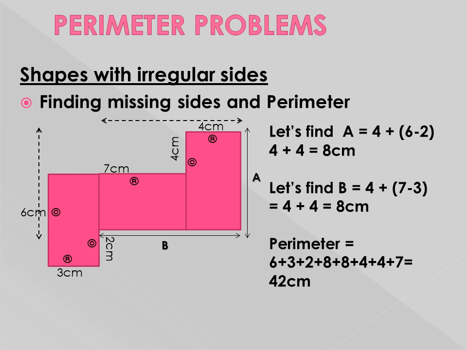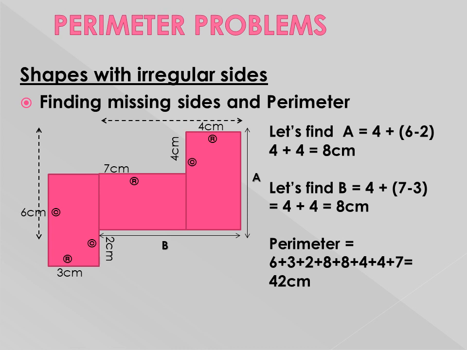Subtract 3 from 7 to know how much the middle one is. So 7 minus 3 is what? 4. So that means the remaining part of line B that we are looking for is also 4 centimeters. So 4 centimeters from the bottom line of rectangle B and 4 centimeters from the bottom line of rectangle C is what? 8 centimeter. So B is also 8 centimeter.